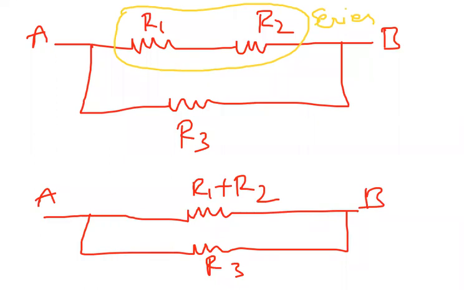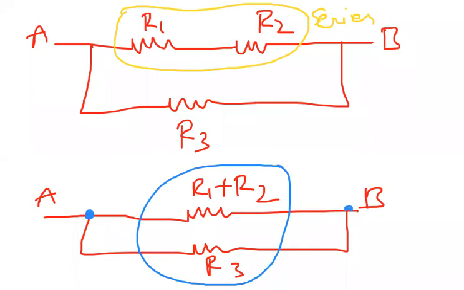Now if you observe carefully, this R1 plus R2 and R3 are between the same points A and B. R1 plus R2 is between A and B, and R3 is also between A and B. This type of combination we call parallel combination. So R1 plus R2 and R3 are parallel.